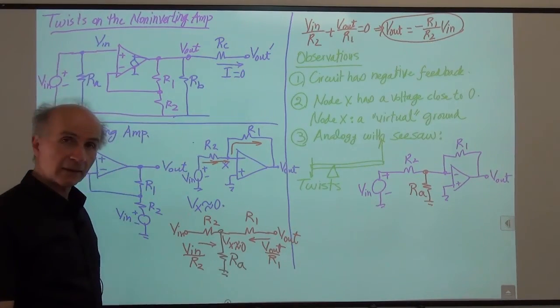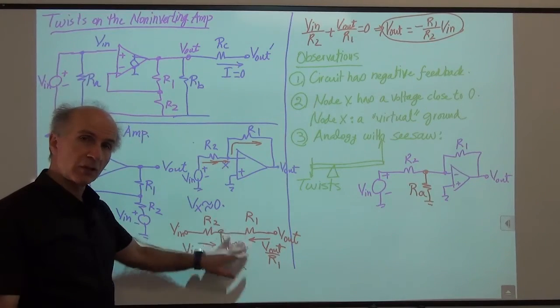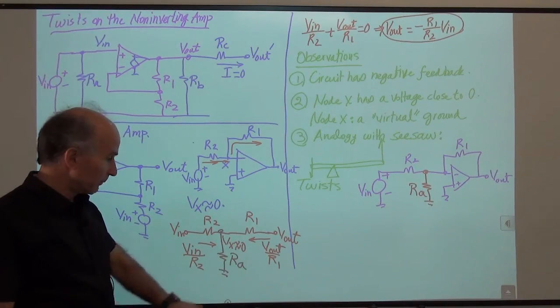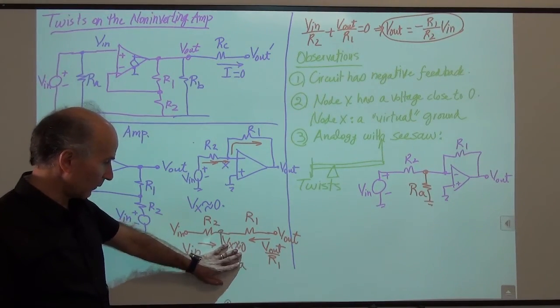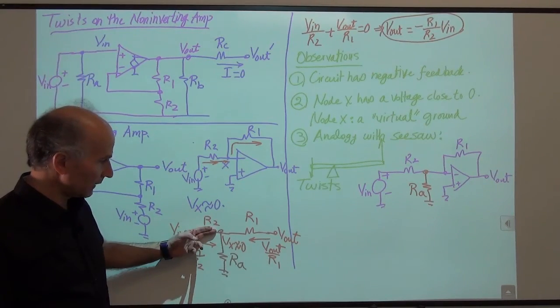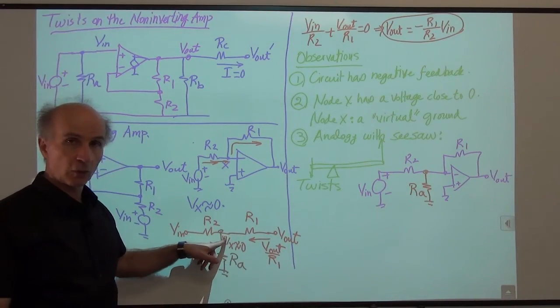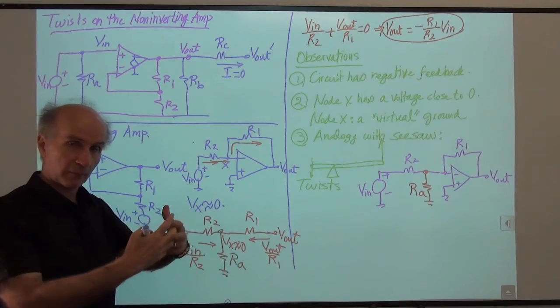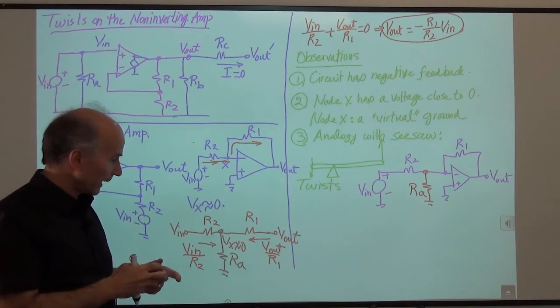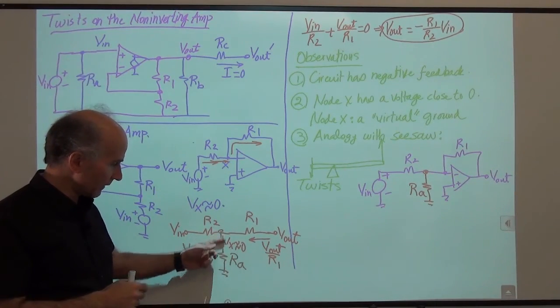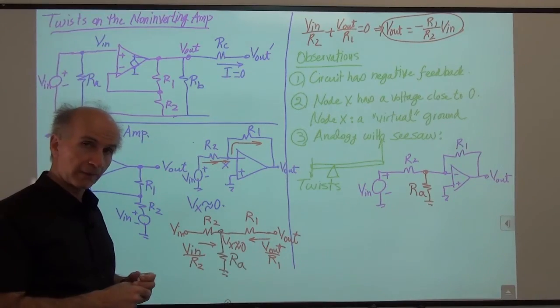And then ask, does anything change here? So before we add the RA, we wrote a KCL. So this current and this current have to be equal and opposite because they have to add up to 0. But now I have this RA. Does this RA change anything here?